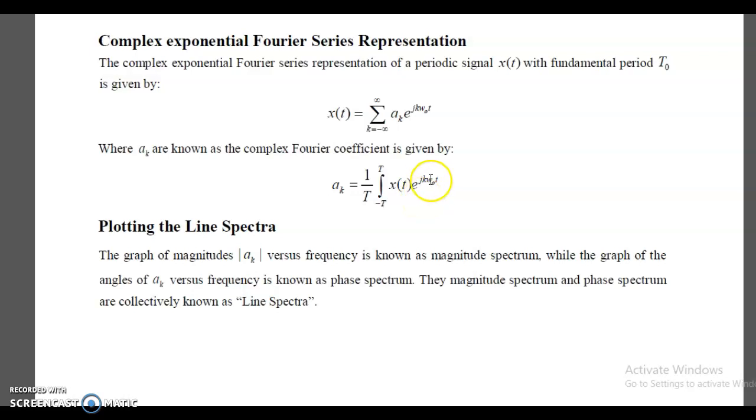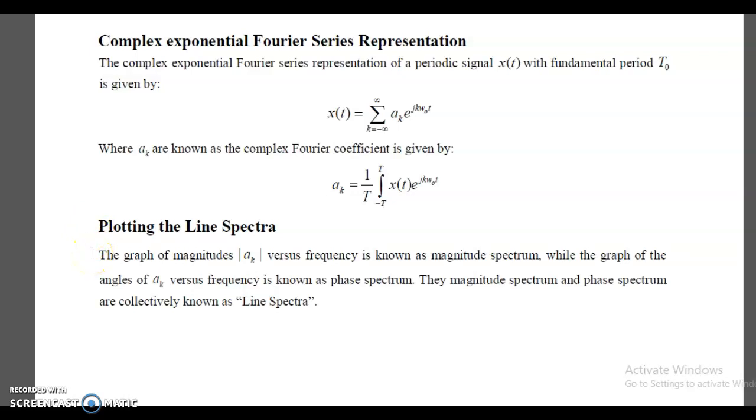So if we have this term with k equals to 0, and we multiply it with x of t and integrate it with respect to t over the interval minus T to T, and then ultimately divide it by T, we get the zero coefficient of the Fourier series coefficients. Other than that, we have the line spectrums, which include two different types of spectrums.